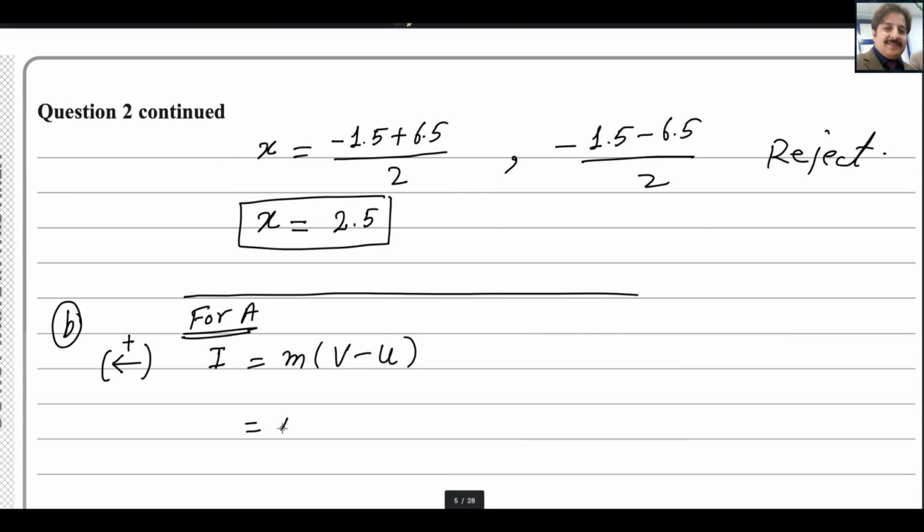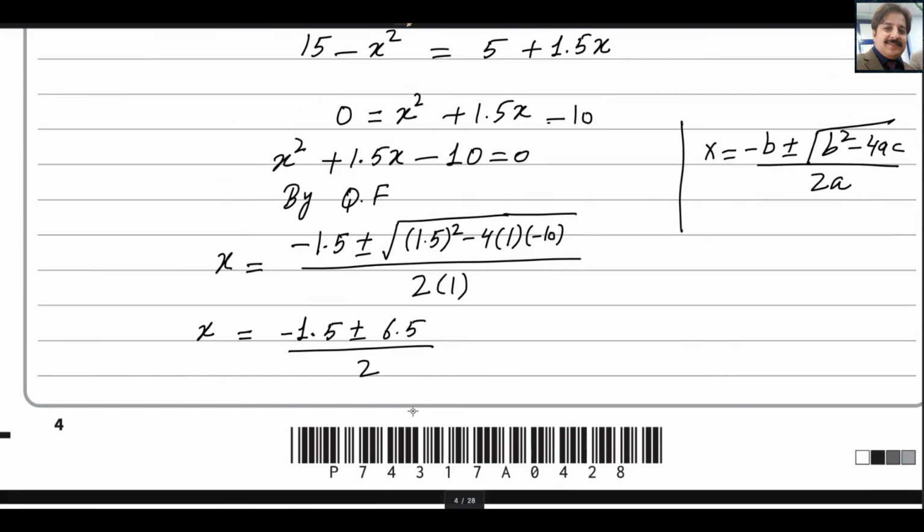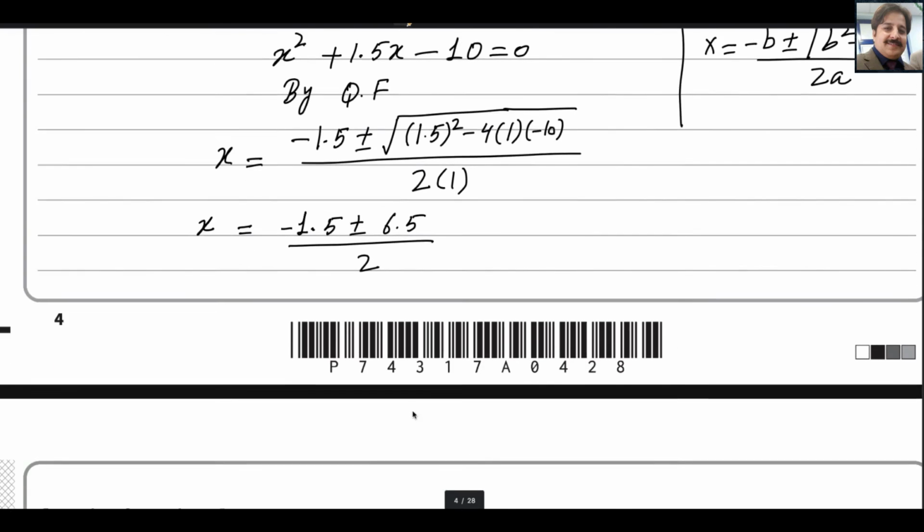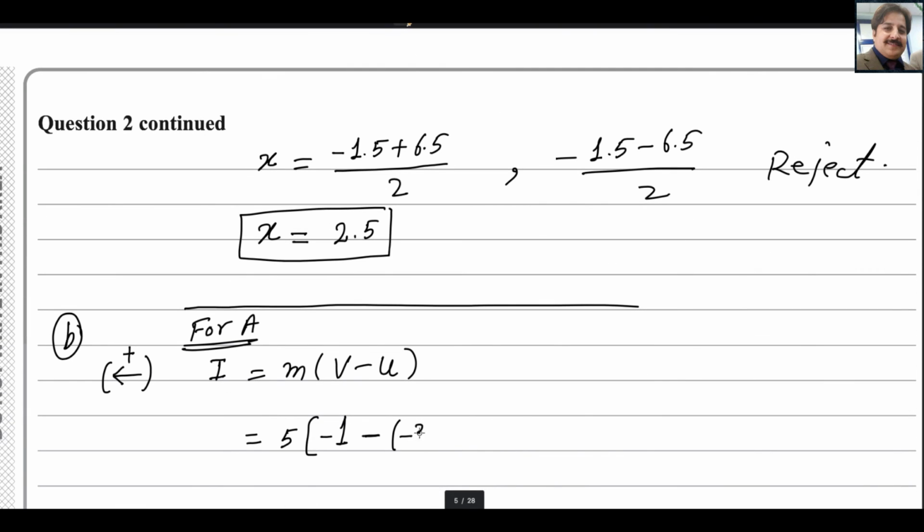Mass is 5, and final velocity is -1, velocity after collision. Why am I taking negative? Because I am choosing left side impulse positive. And u is also negative, so it will be -3.